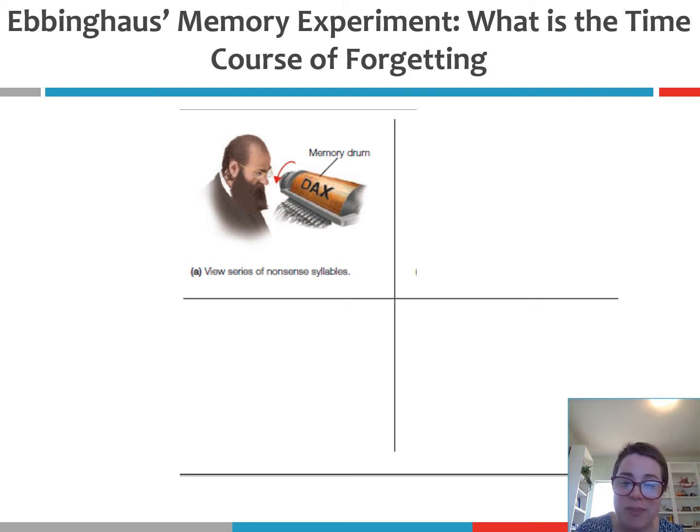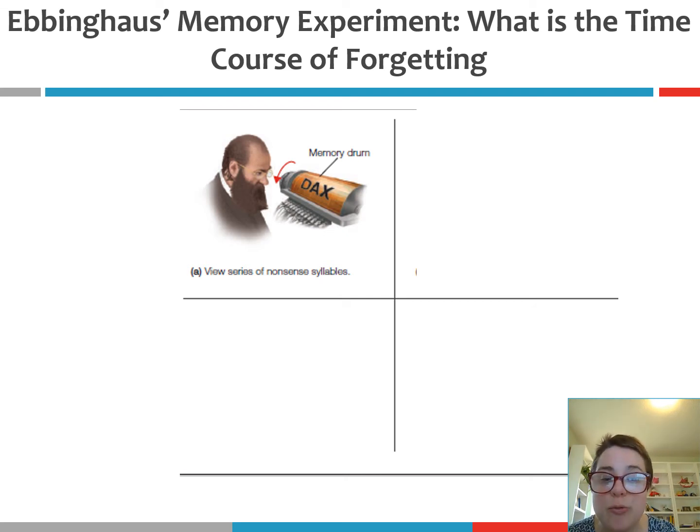Or we might have them read passages from a textbook. But those aren't always the best materials to use because they involve having a prior association with something. So if you have any experience with those particular words, that experience is going to influence what you remember.